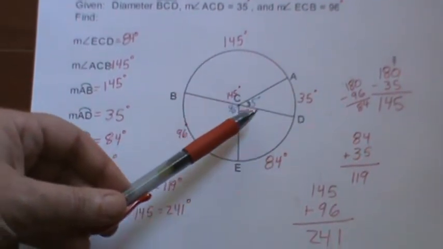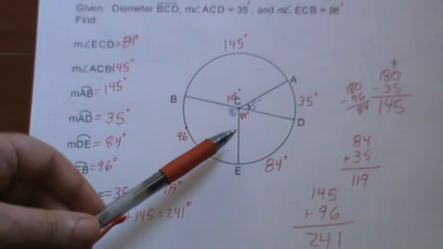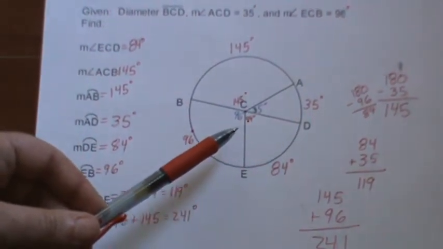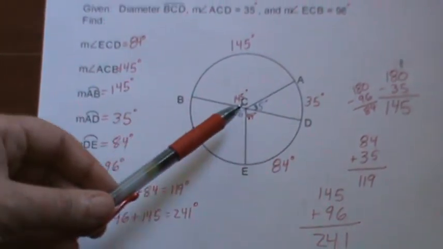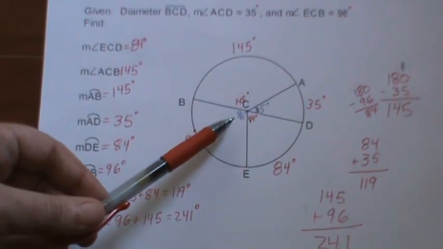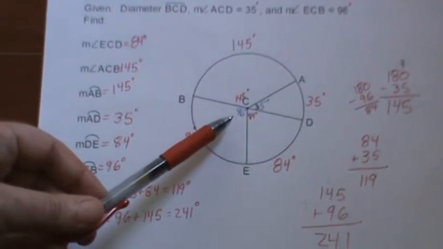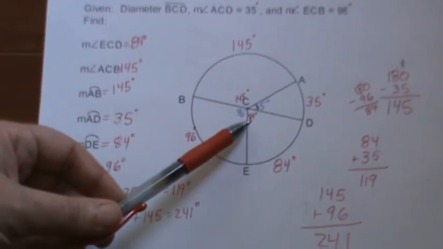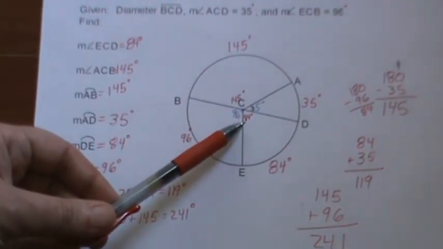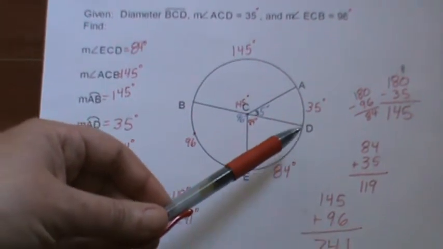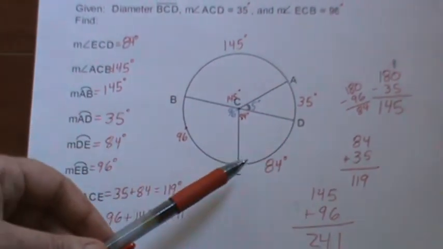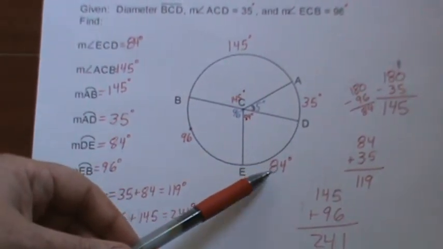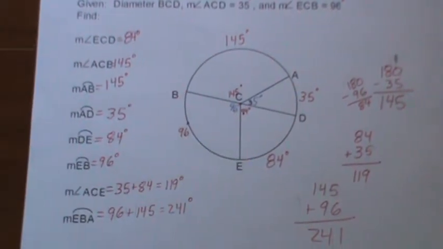Either way works. Similarly down here, I know that the measure of angle BCE is 96 degrees. So if I take 96 away from 180, that leaves me 84 degrees for angle DCE. And arc DE has to measure 84 degrees because the arc has to measure the same as the central angle.